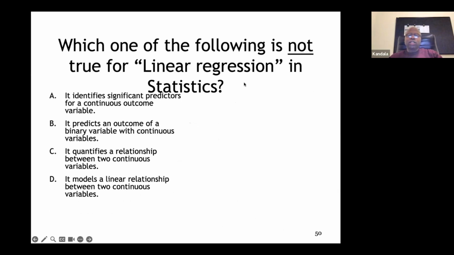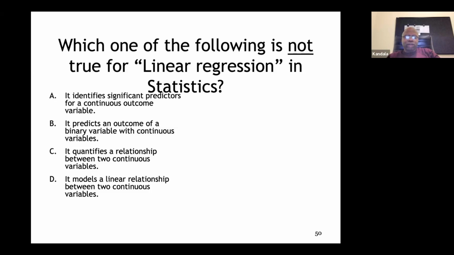Which of the following is not true for linear regression in statistics? A, it identifies significant predictors for a continuous outcome variable. B, it predicts an outcome of a binary variable with a continuous variable.